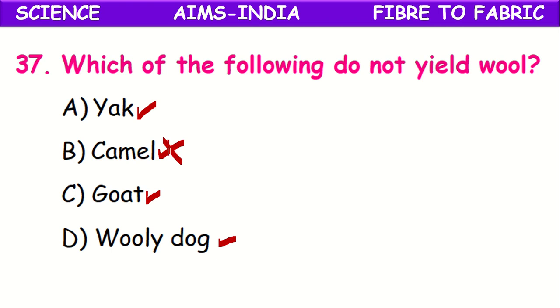Goat, yak, woolly dog. Woolly dog also gives. So we can take here goat. Okay, goat will not give. Sheep will give the hair for making wool fiber, but goat will not.